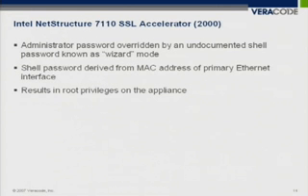This was an appliance that had a special credential baked into it. This was found by Brian Hasek at Stake, and essentially what he did was he took the Intel NetStructure SSL accelerator, and he opened it up and took the code off of the hard disk and started auditing the binary.